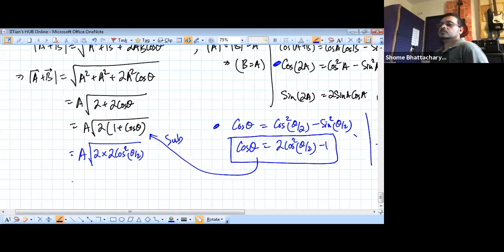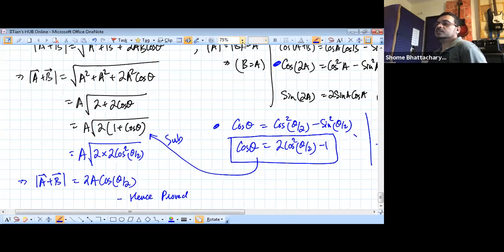So now this becomes 2A cos theta by 2. So that is your proof that mod A plus B becomes this.